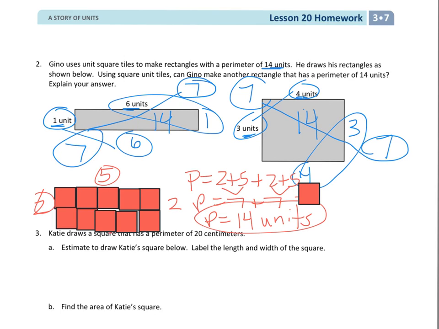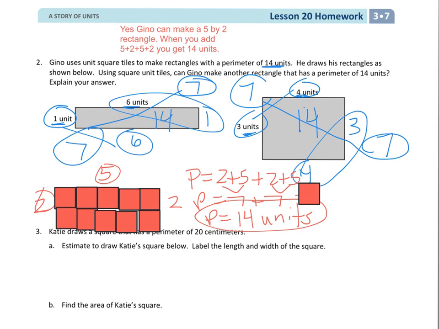So there is one more that Gino could use. And there's my answer statement. I got it way up here at the top because I ran out of space. Yes, Gino can make a 5 by 2 rectangle. When you add 5 plus 2 plus 5 plus 2, you get 14 units. Trying to show you a little more in-depth thinking of the length plus the width and then doubling it. But really what you need to be able to do is add up all the sides to make 14.